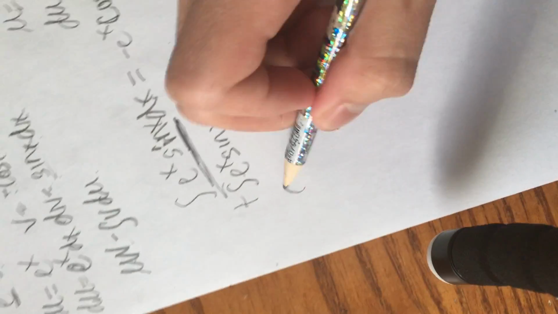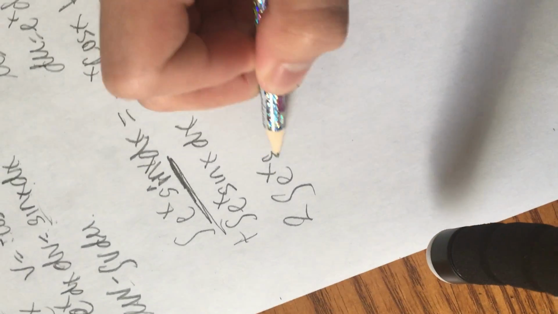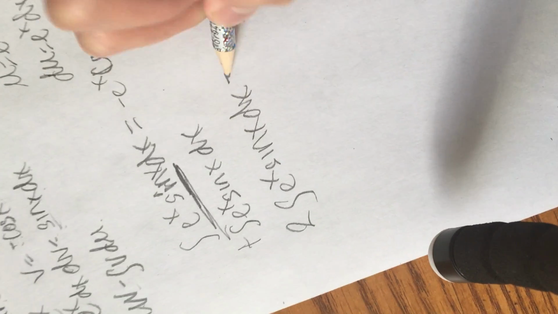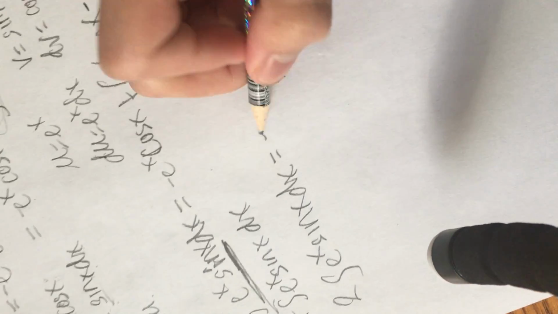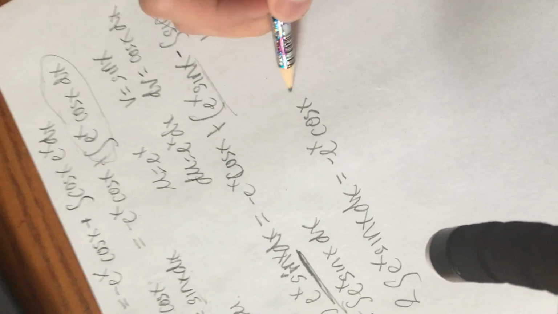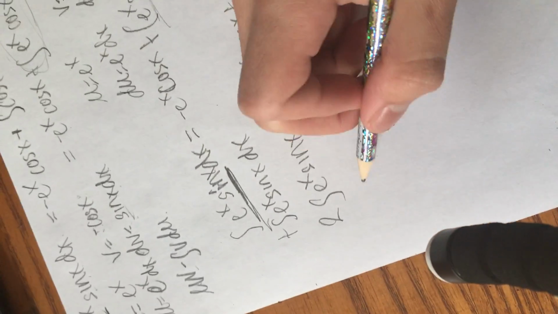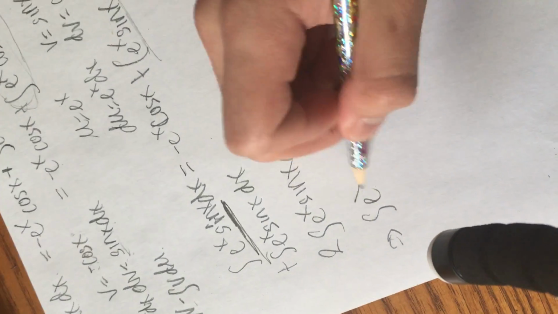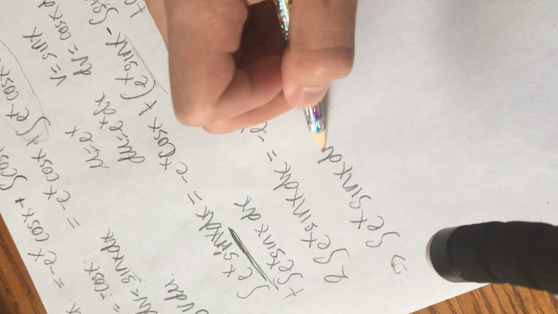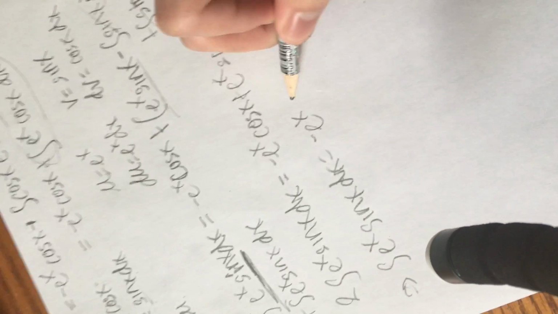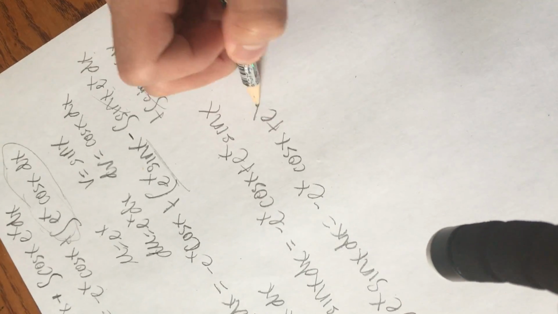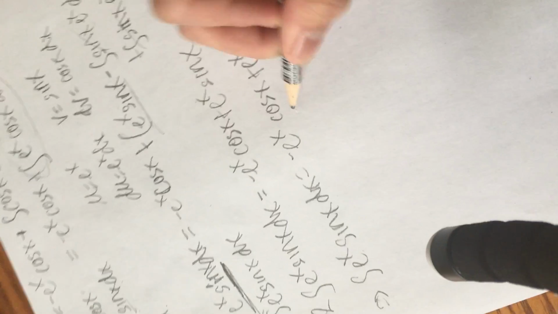So then this is 2, and don't forget that you have this also, plus e to the x sine x. Okay, and then you divide by 2. And that's it.